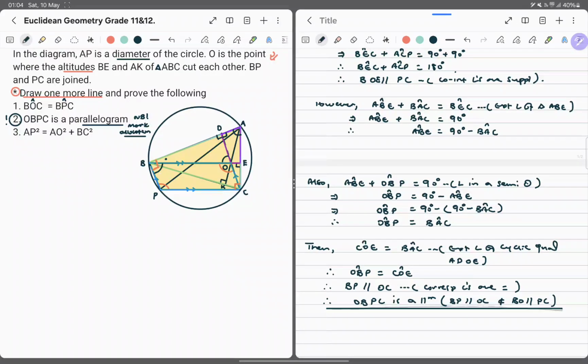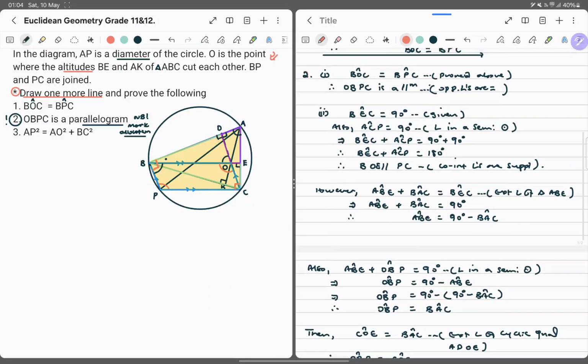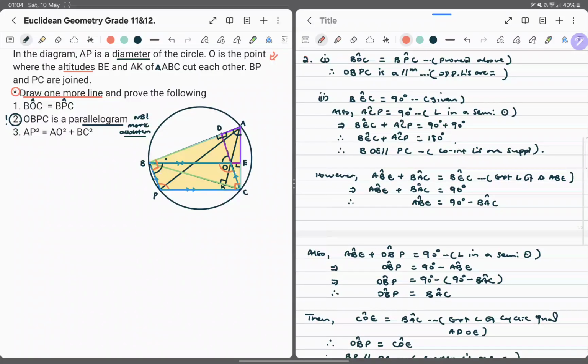So again, let's see how many marks one should get if this is the proposed approach. This is a mark proving that the opposite angles are supplementary and essentially justifying why we are saying that line is parallel to the other.